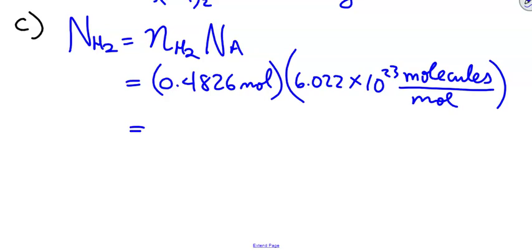Equals 2.906 times 10 to the 23 molecules.